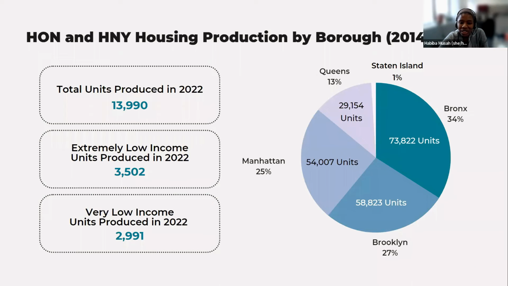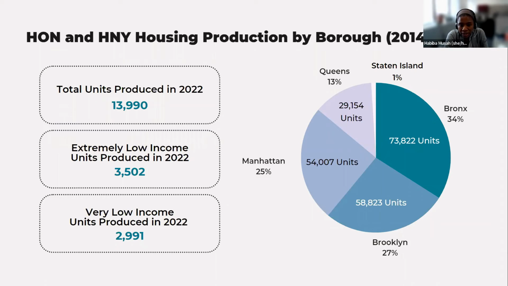So once you actually start looking at the data in the affordable housing data set, you'll notice a few things. You'll notice that we produce housing all over the 5 boroughs of New York City, but that almost a third of our unit production is in the Bronx, followed by Brooklyn, which has about a quarter of our production, Manhattan, which has another quarter of our production, and finally, Queens and Staten Island. In the Bronx, the biggest project the city has financed in the borough is Co-op City, which has about 15,000 affordable units.